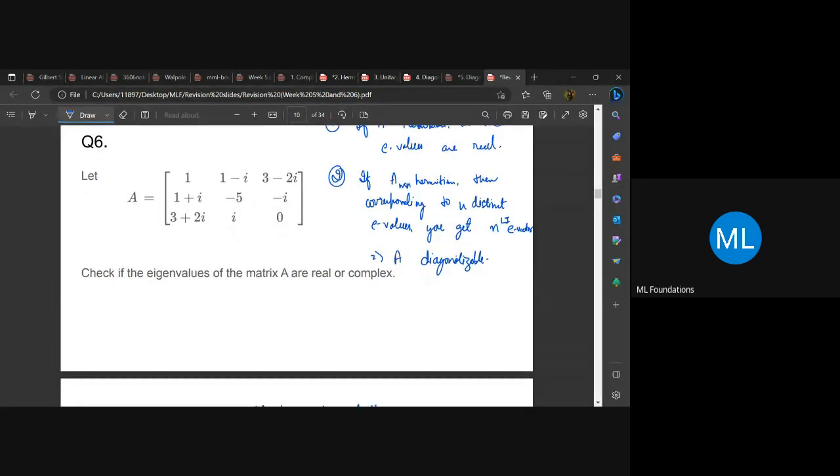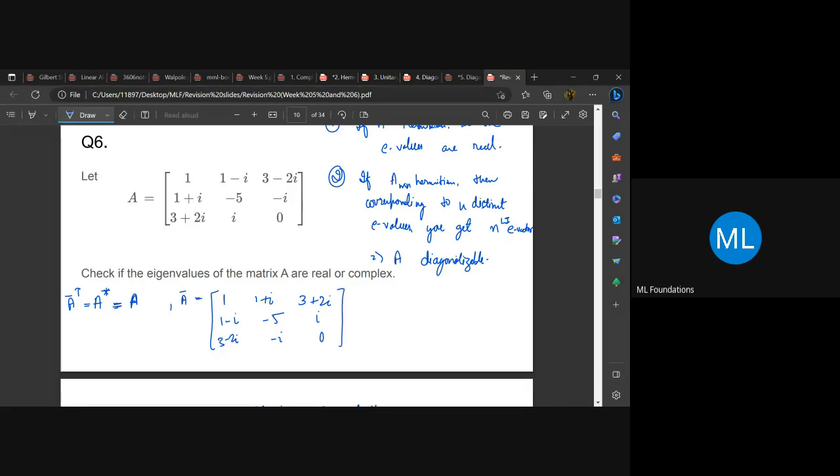When do you call a matrix Hermitian? When A star comes out to be A, right? Now, what is A star? A star is A bar transpose. So let's take A bar. It will be 1 plus i, 3 plus 2i, 1 minus i, minus 5i, 3 minus 2i, minus i, 0.